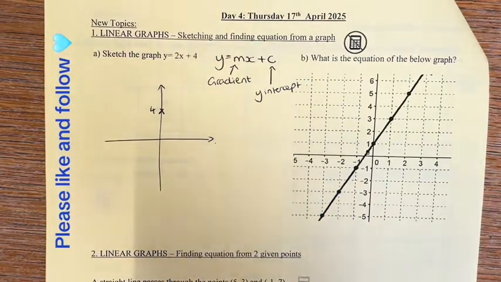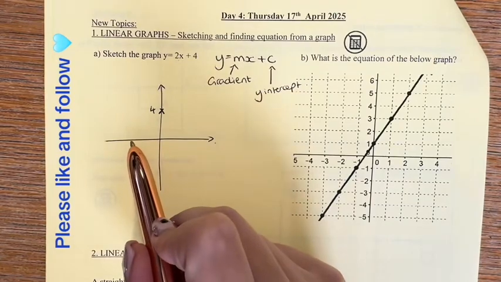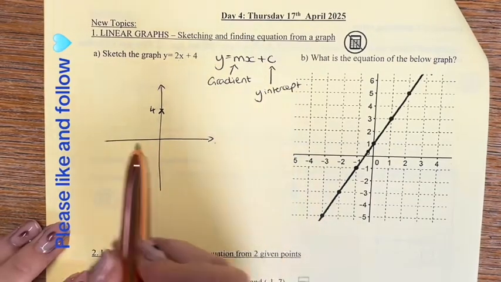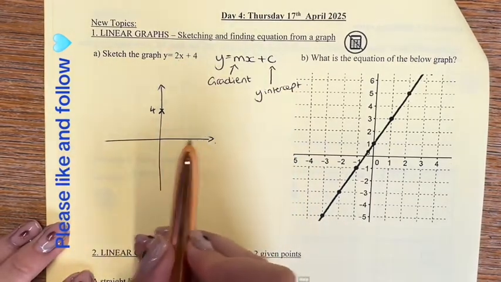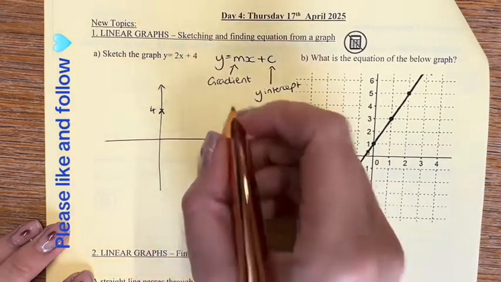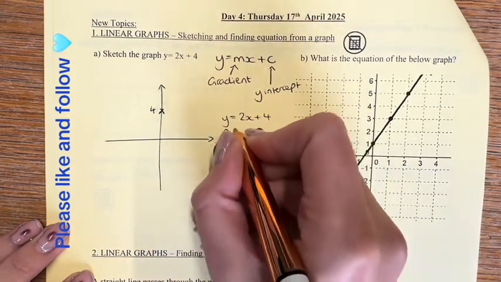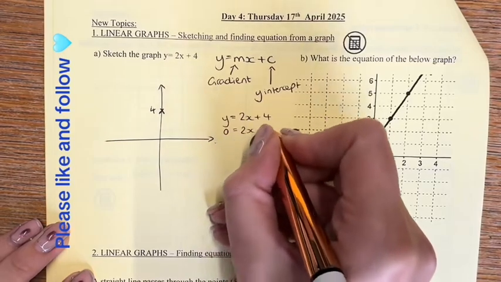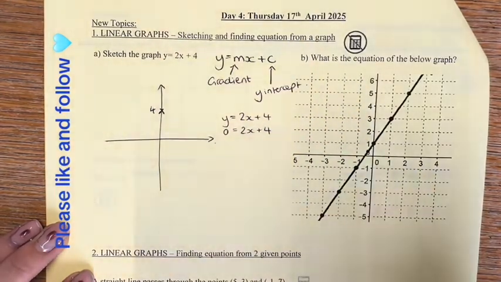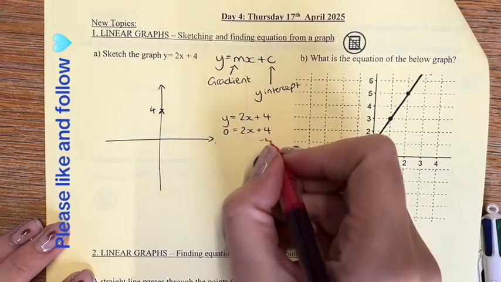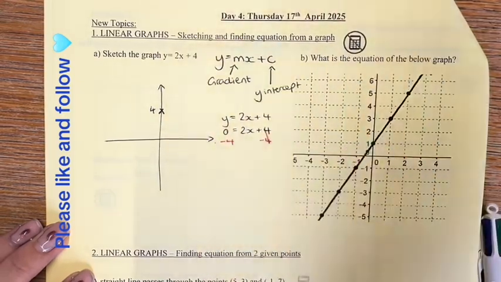But for full marks on a sketch question, I need to know this x-intercept. So at this point on my x-axis here, y equals 0. So I'm going to take my equation of my line and set it to equal 0. And then I'm just going to rearrange to make x the subject. So take away 4 from both sides.